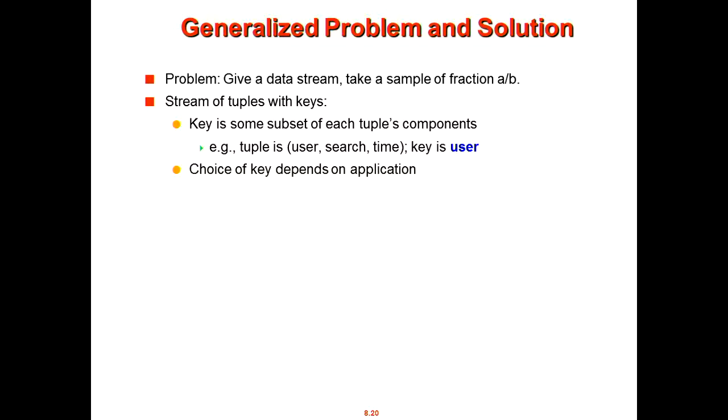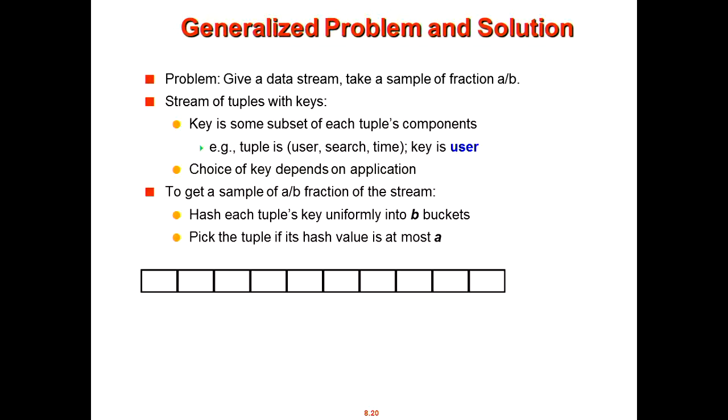For example, in the previous example, the tuple is user, search, and time. In this problem, the key is the user. The choice of the key depends on the application. So in the previous example, the user should be the key, and we do the sampling based on the keys.